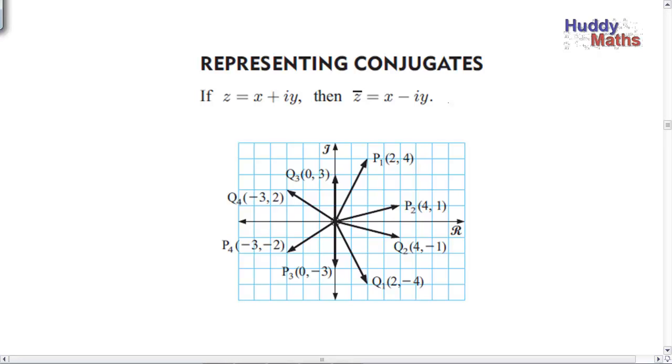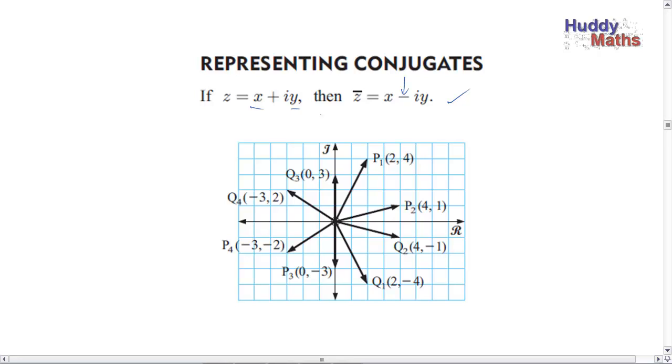So this is a definition of conjugates, isn't it? If Z equals X plus Yi, the conjugate is the real part with the opposite sign between that and the imaginary part. So you must always write a complex number as real plus imaginary part times i. Or here, they've got the i in front of the Y.